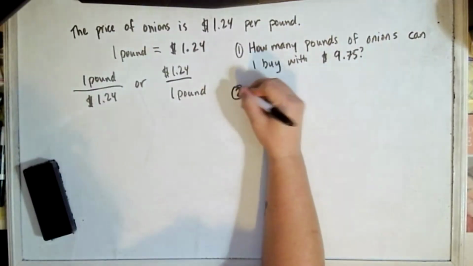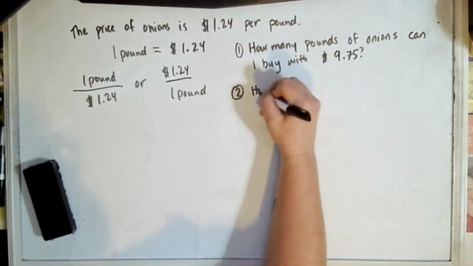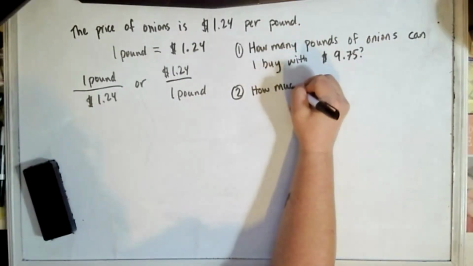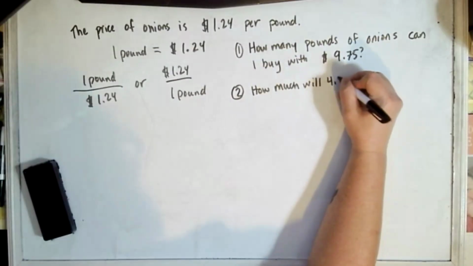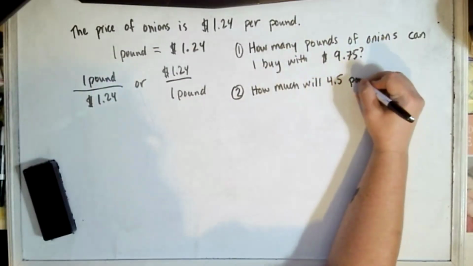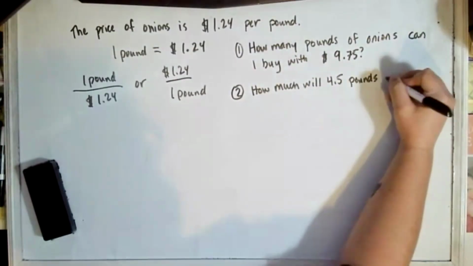And then our second question is going to be how much will 4.5 pounds of onions cost?